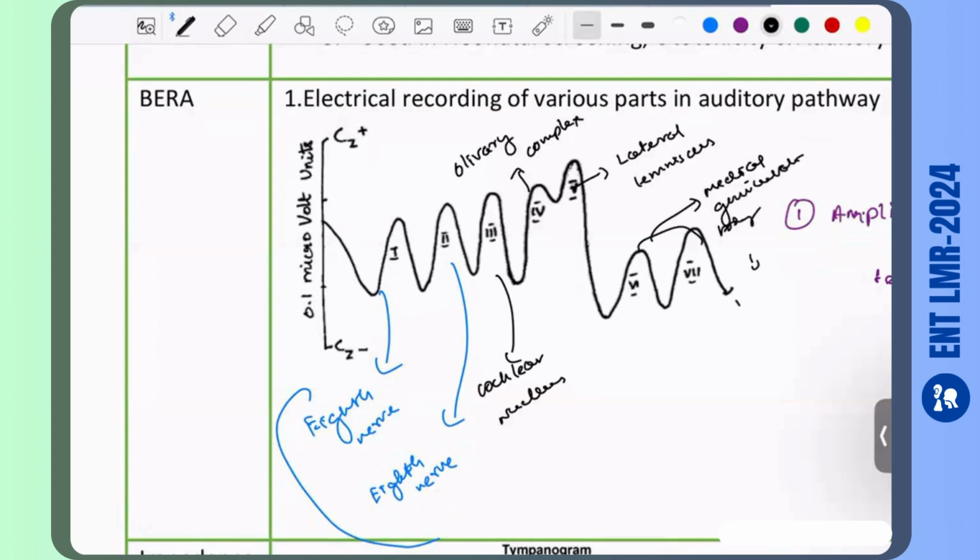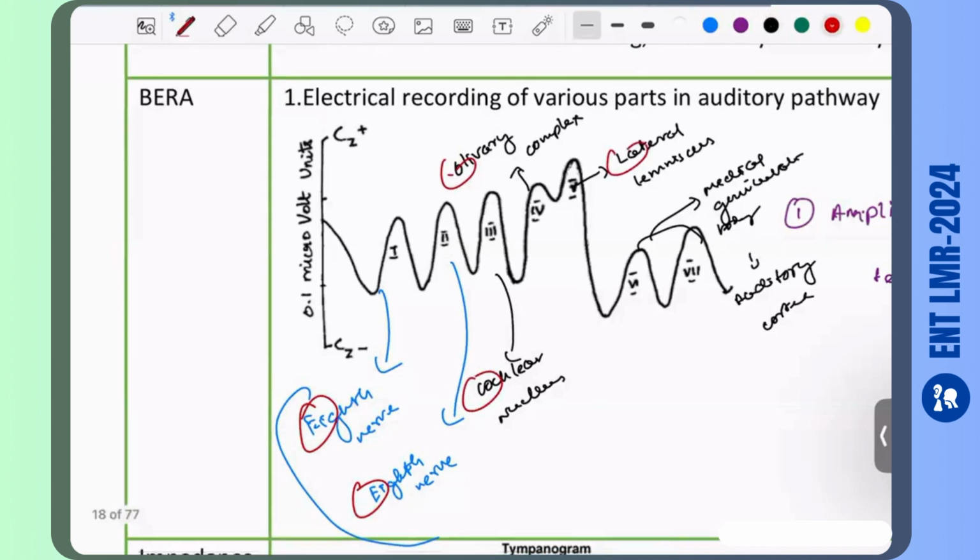This is the auditory pathway which we saw while discussing the physiology of the ear. The inferior colliculus is left out. The sixth is for the inferior colliculus.